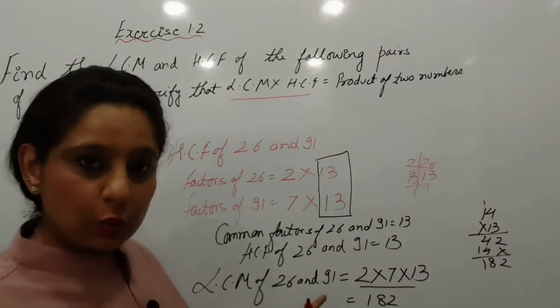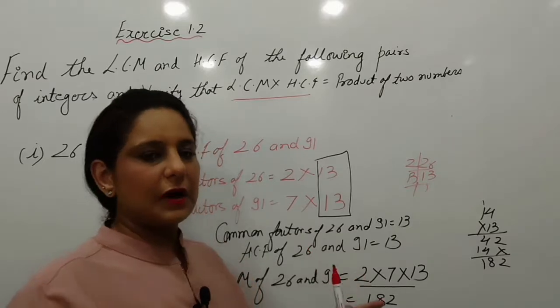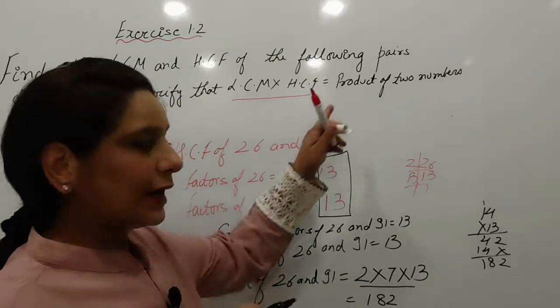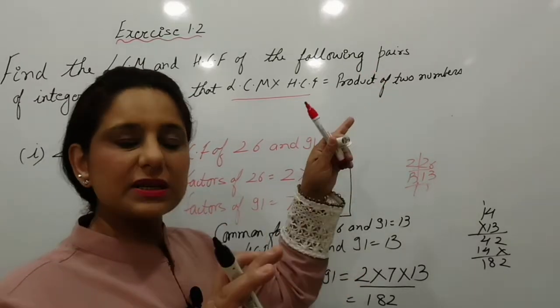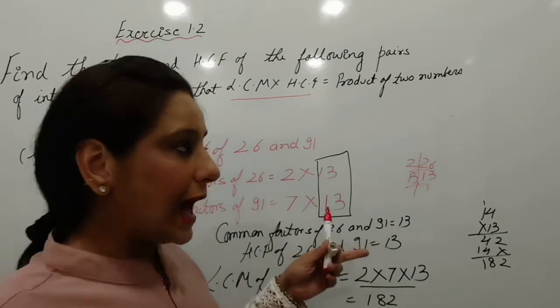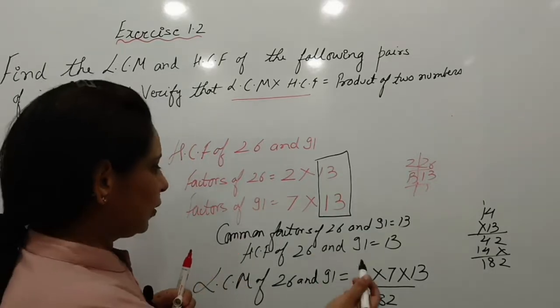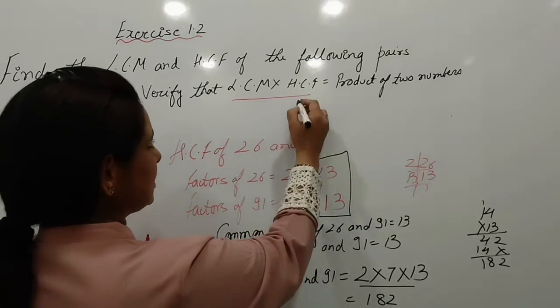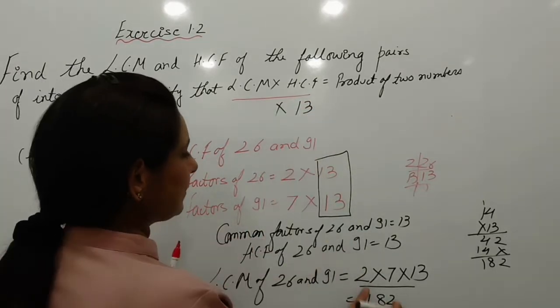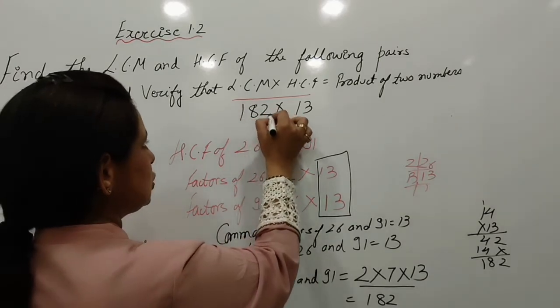Half of the part is over. We have found the HCF and we have found the LCM. Now what do we have to find? We have to see the product of the two numbers, and also the product of HCF and LCM. The HCF is 13. The LCM is 182.